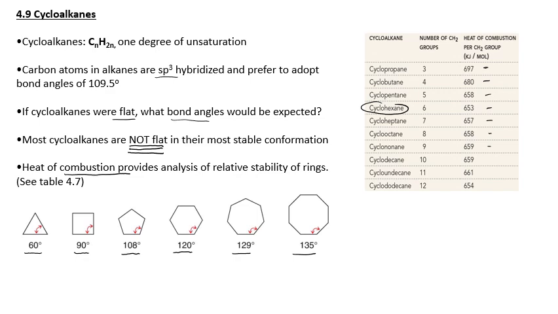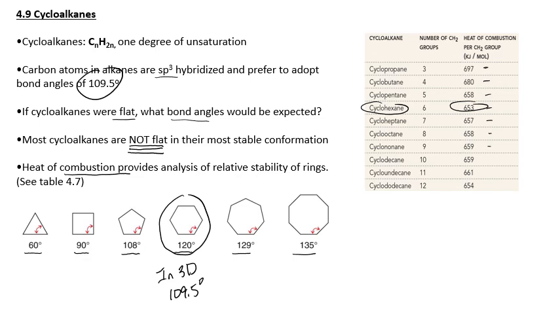So what this tells us is that because cyclohexane has the lowest heat of combustion, in 3D this cyclohexane must adopt bond angles that are closest to the ideal 109.5. And it turns out that in 3 dimensions, cyclohexane does indeed have bond angles of 109.5. This is your optimum geometry around each of the sp3 hybridized carbons.